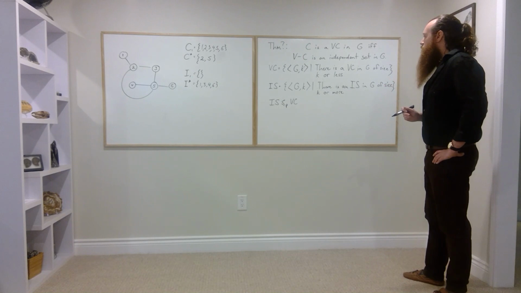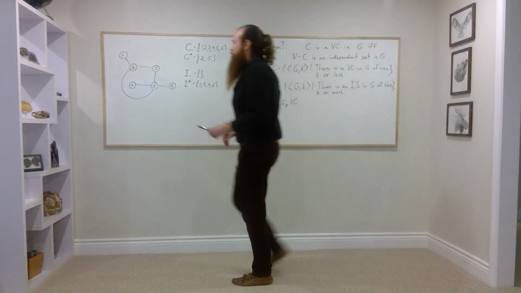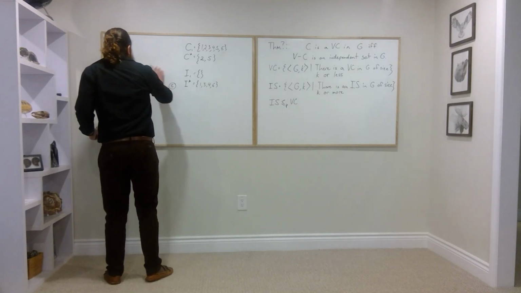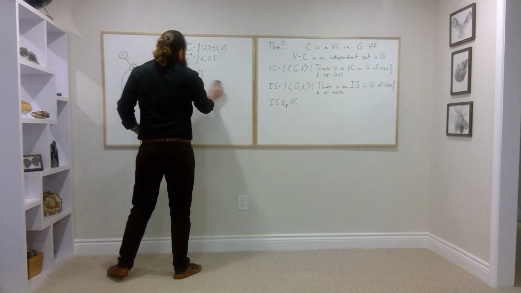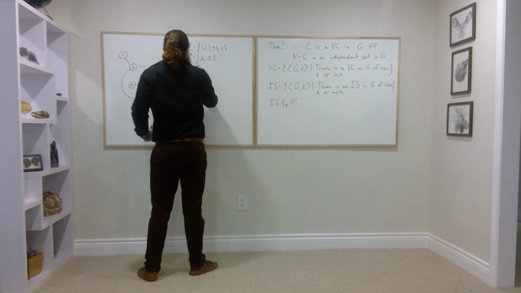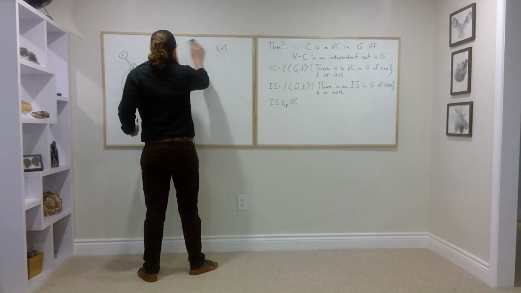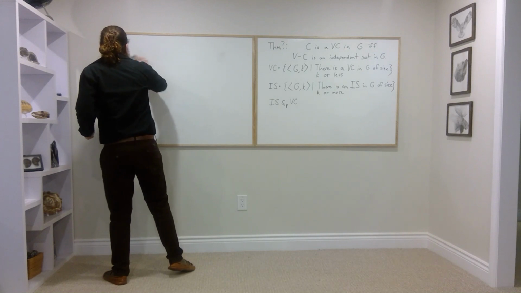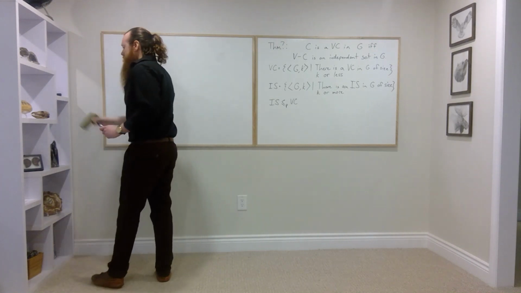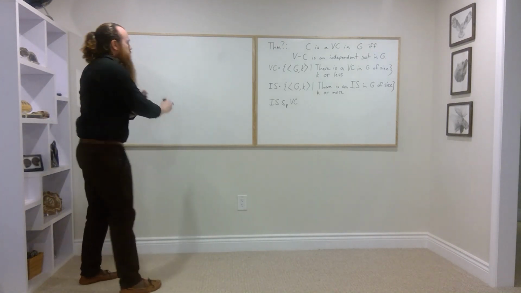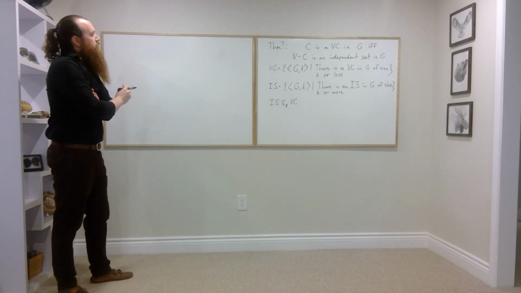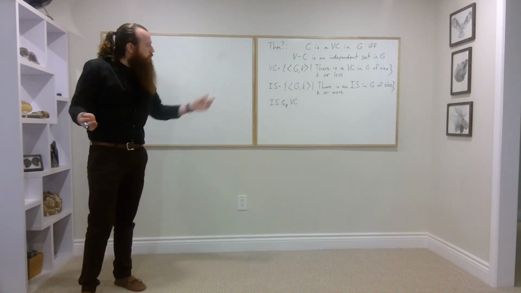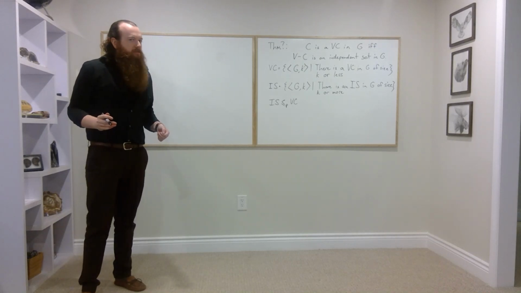Okay, how would we show this? Well, let's for a moment just assume that this theorem is true. If we assume that theorem is true, can we come up with a reduction from independent set to vertex cover?